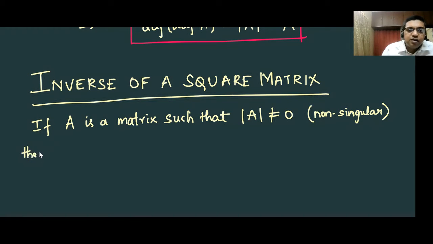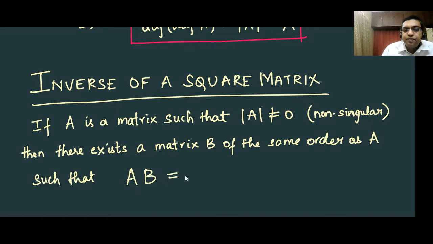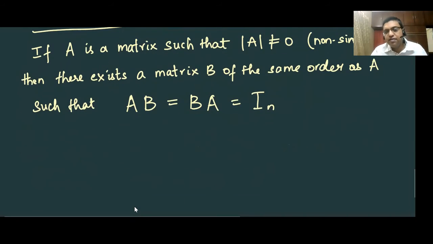there exists a matrix B of the same order as A such that AB is equal to BA is equal to I, where I is the identity matrix.